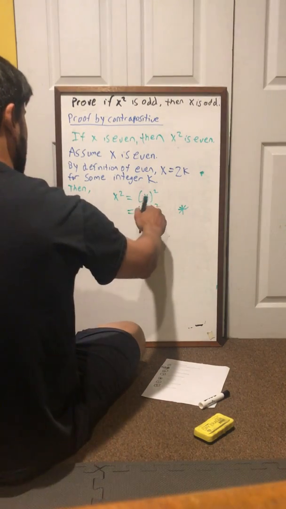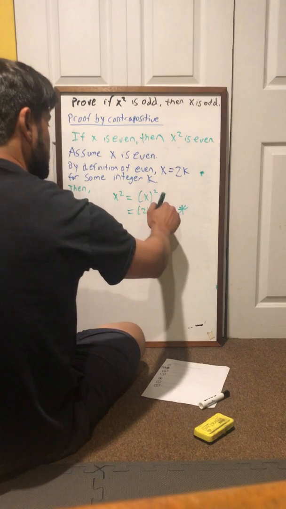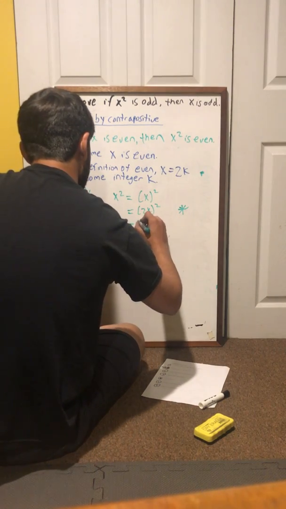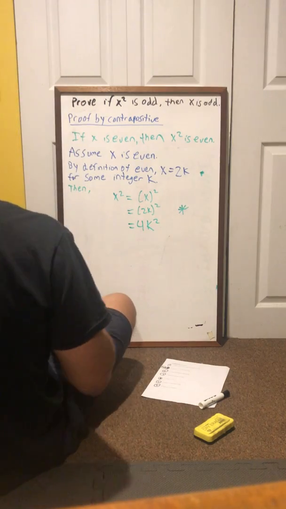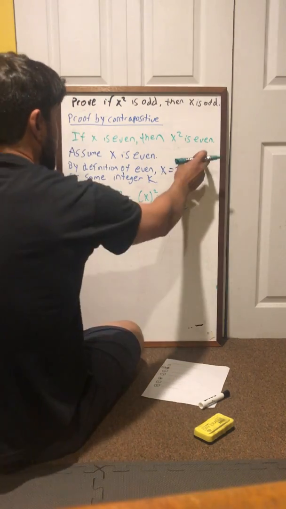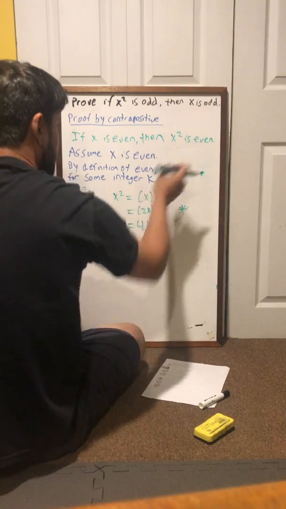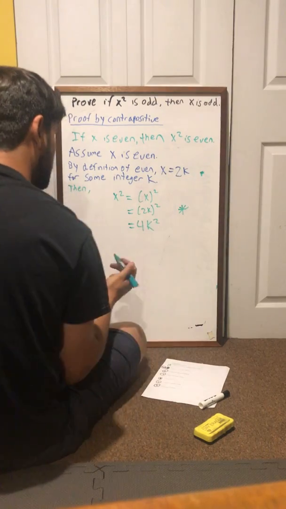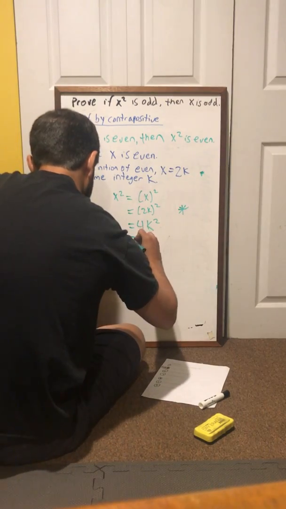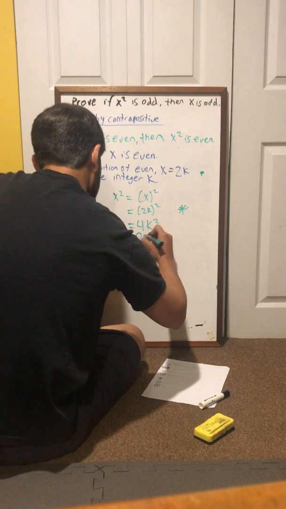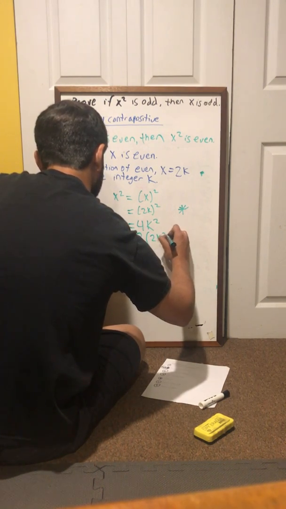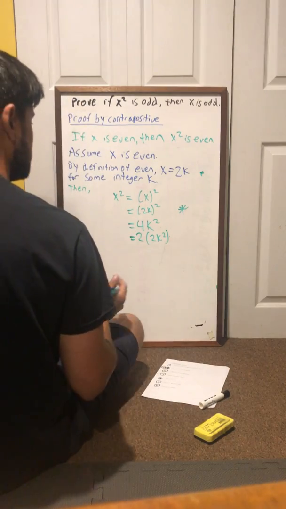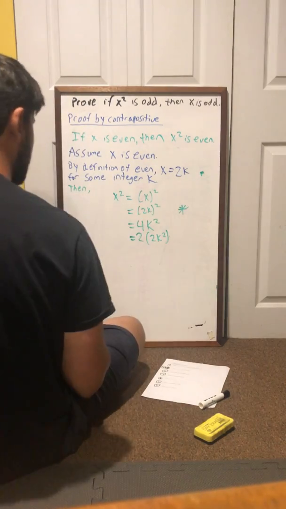All right, so now when we put 2k to the power of 2, we're going to get 4k squared, okay? Excellent. Now, again, for this to be even, we want to be able to pull out a 2, all right? And we could do that for this problem. We're going to factor out a 2, 2k squared, okay? Exactly what we're looking to do here.